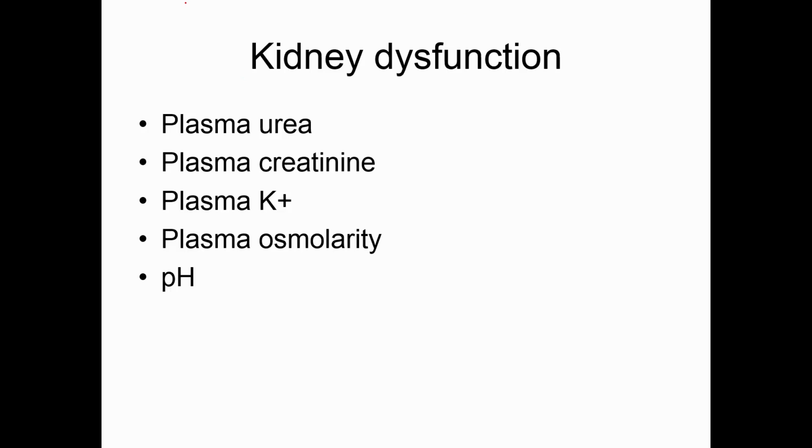So the first thing here is plasma urea, also called BUN, blood urea nitrogen. So plasma urea should be around 6 millimolar or 10 to 20 milligrams percent. If the kidneys are not filtering appropriately, then you would expect plasma urea to increase with dysfunction.